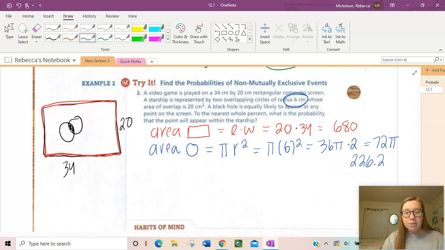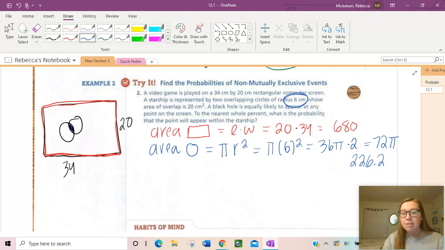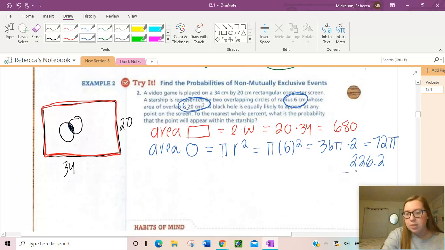But we can't forget about our overlapping region. We don't want that area counted twice, because right now it is. So to get an accurate representation of this area, let's subtract their overlapping region, which was 20 centimeters. So let's subtract 20.